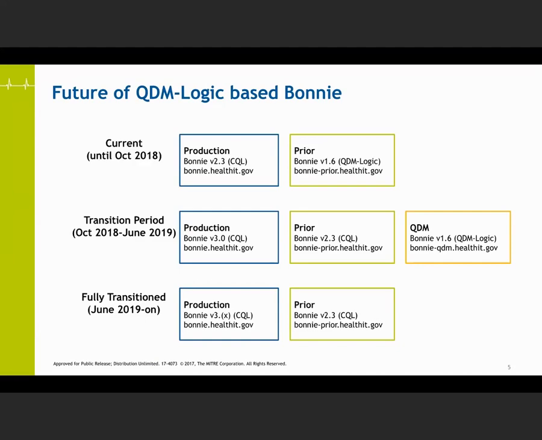Between now and then, we'll be providing monthly test case transfers from QDM Bonnie to one of the CQL Bonnies. It's also worth noting that QDM Bonnie will be running the same exact accounts, measures, and test cases that are currently on Bonnie prior.